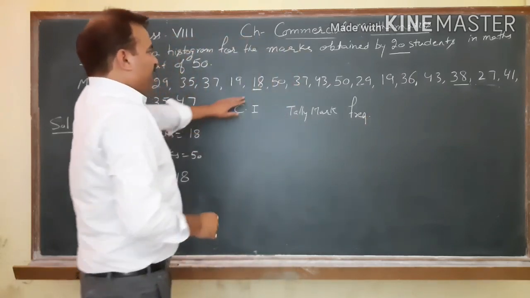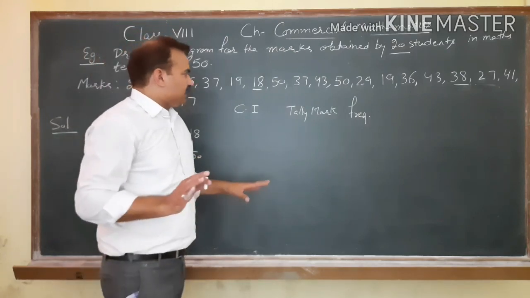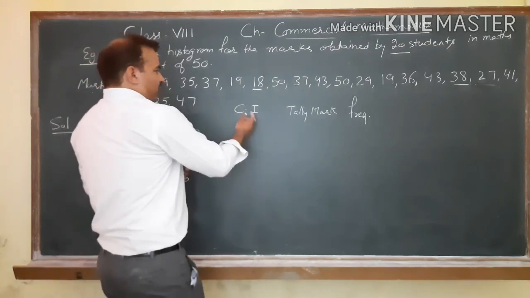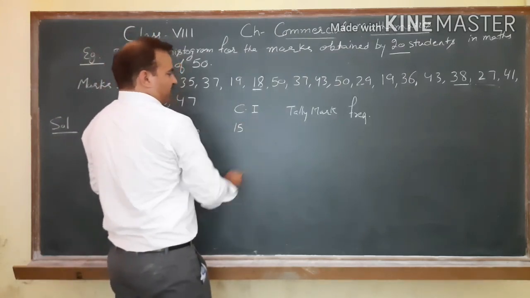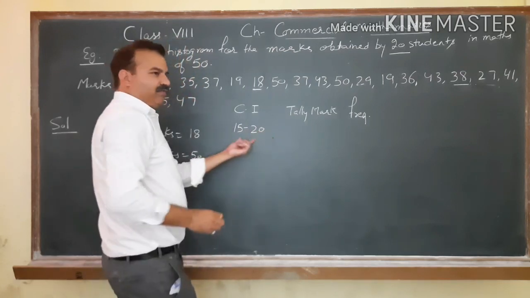Now, 18 is the lowest. Below 18 no one has scored less marks. So we can start the class interval from 15, that is from 15 to 20, in an interval of 5.